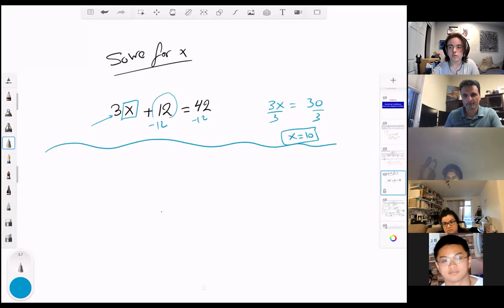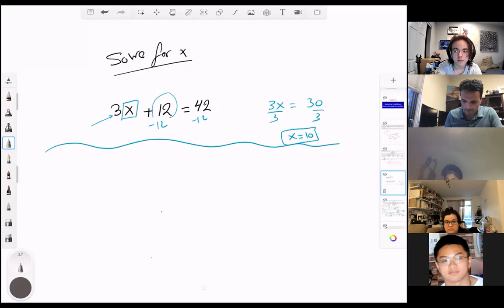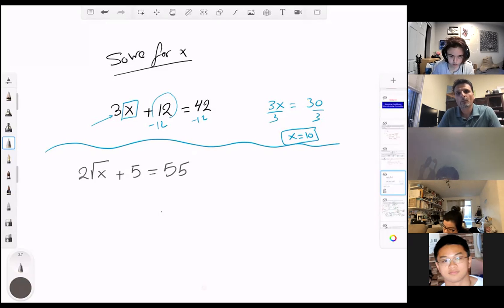Now another question. 2 radical x plus 5 equals 55. What is x?